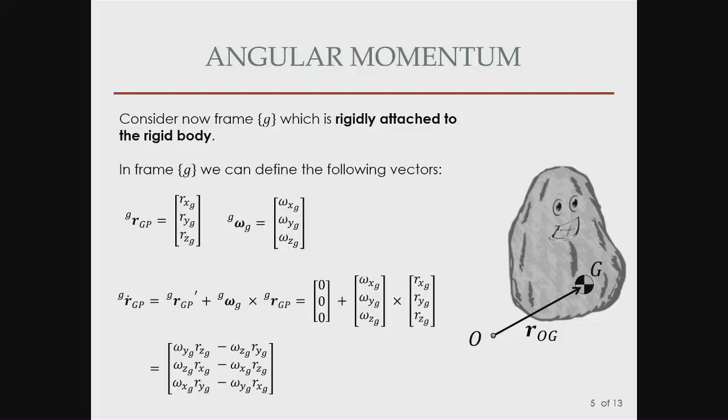I can rotate, I can do whatever. This is a specific point on the rigid body, so these rxg, ryg remain constant. They don't depend on time. So when I take their derivative component by component with respect to time, I just get zeros.